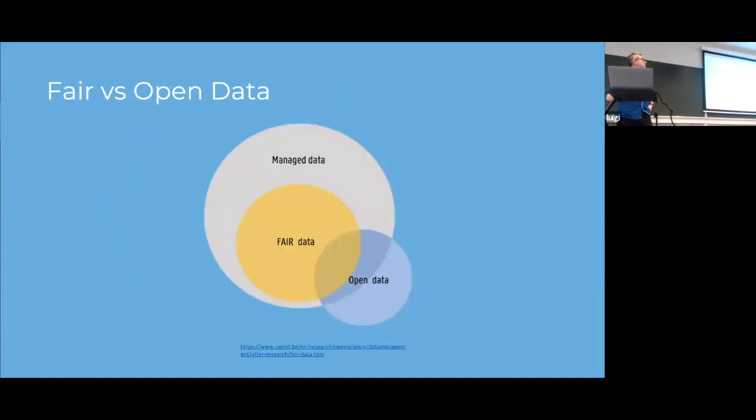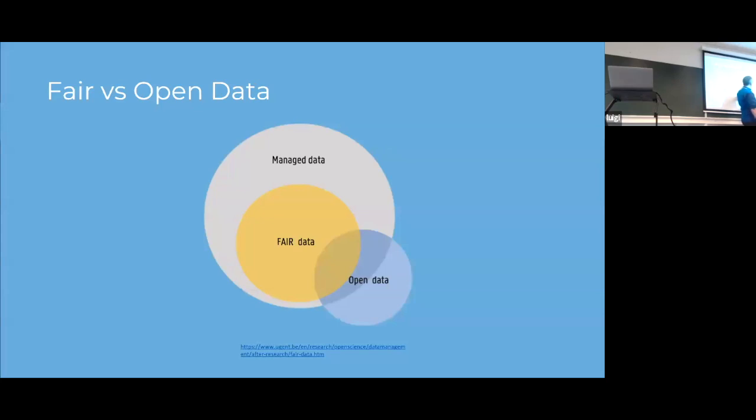So, in résumé, between all the data we can manage, all data accessible in science, there is a lot of data. We want to share some of them. Some of them are based on the FAIR principle, and there is also open data. There is an overlap between FAIR data and open data, and here today we are discussing this kind of data.